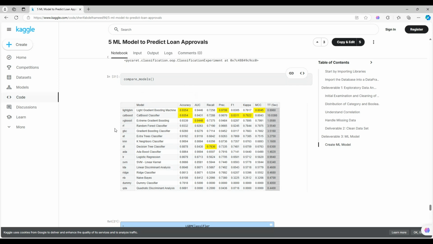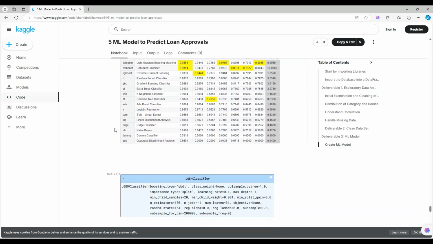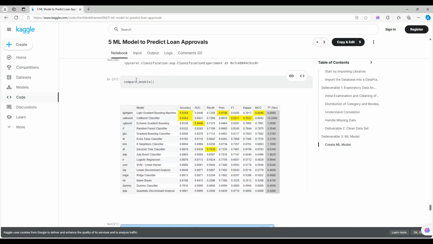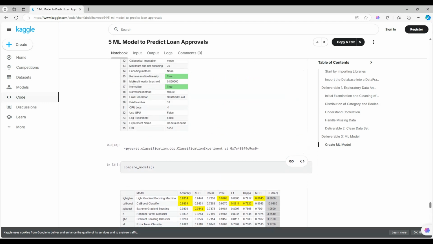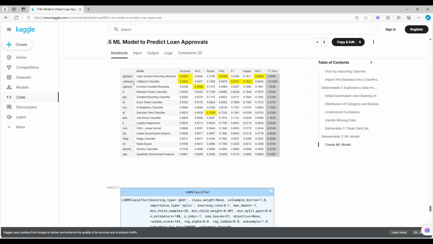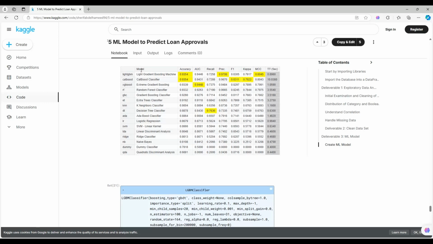So it seems like, for us, it is recommending we use the compare models function. It just reads immediately the model that you have created, and it gives you the different models and gives you the different results. So we have here high accuracy.